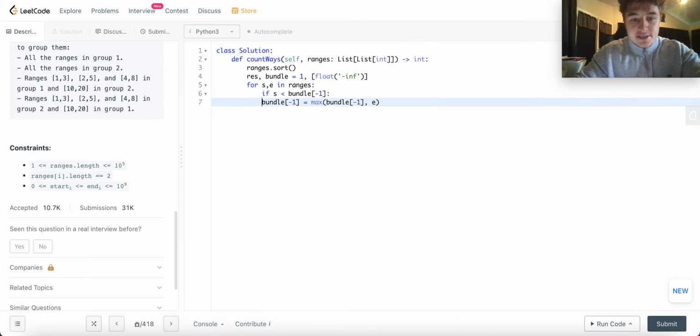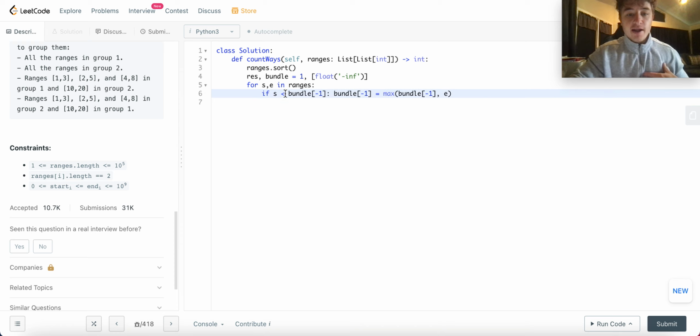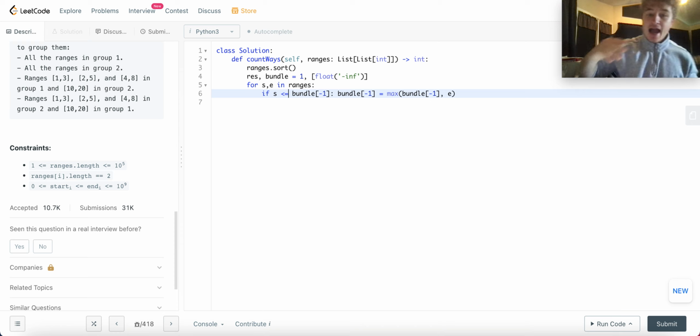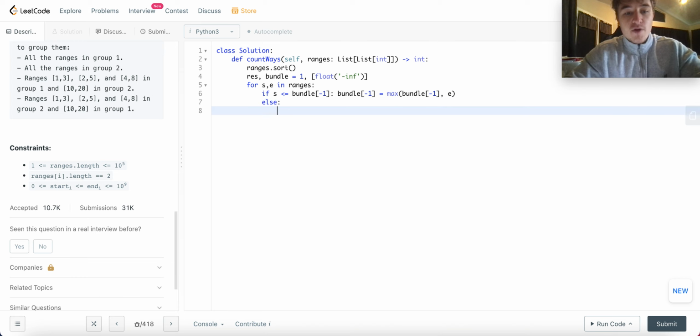Otherwise, if I don't start before or during, right, because they could overlap at the edge, if I don't start before or during the previous bundle's ending, I've just created a new bundle. So that means we've created an additional bundle, so we'll do times equal 2, right? Because we're going to do 2 to the n.